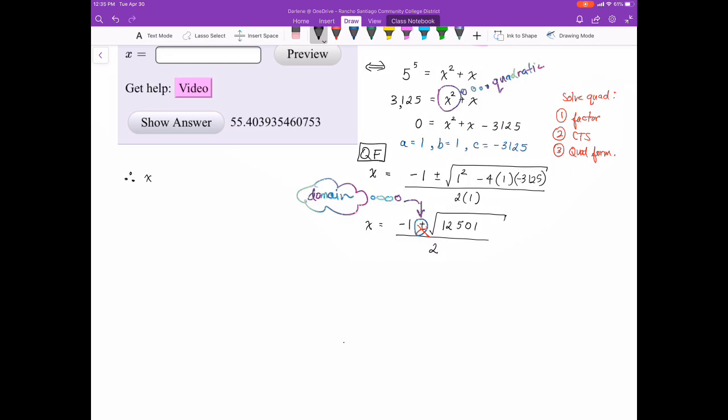Therefore x is just equal to negative 1 plus the square root of 12,501 over 2, which means that it's approximately 55.40. And notice that that is the answer that is in the problem.